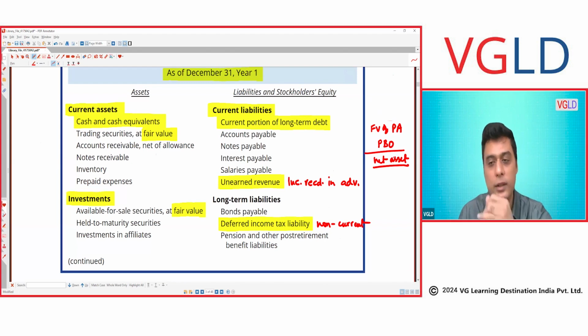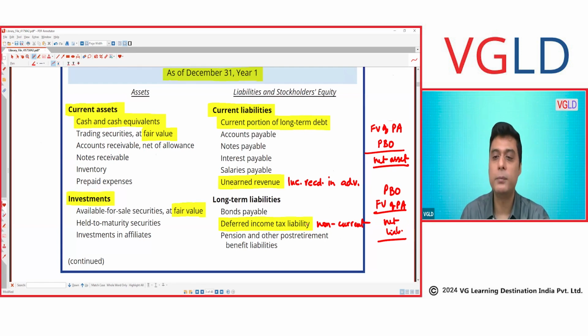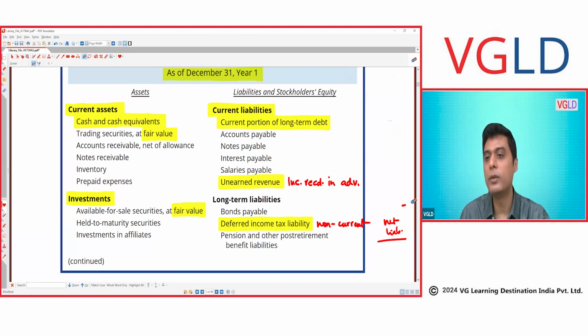And so you will show it on the asset side. But if the PBO, pension benefit obligation, is more than the fair value of the pension assets, then it is a net liability situation. Your liability is more than your asset. So then it will come in the liability, right? So depending on whether your assets are more or your obligation is more, it could be on either side of the balance sheet, depending on which one is more.